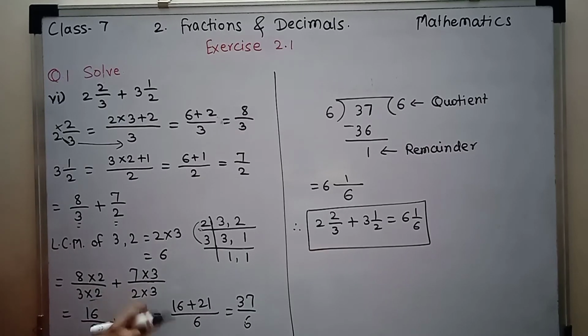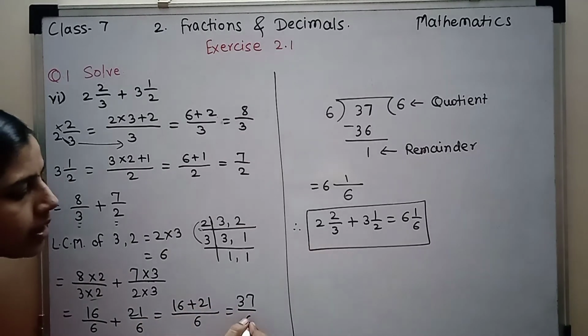So as we multiplied the denominator, we will multiply the numerator also. So what do we get? 8 twos are 16 divided by 6 plus 7 threes are 21 divided by 6 equals 16 plus 21 divided by 6. 6 is common, so written singly. So 16 plus 21 is 31 divided by 6.